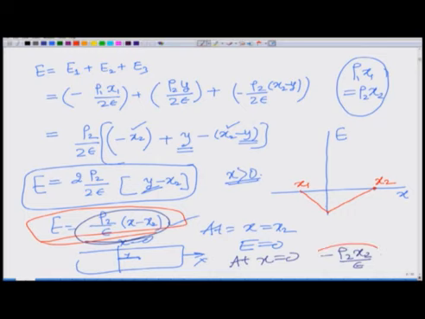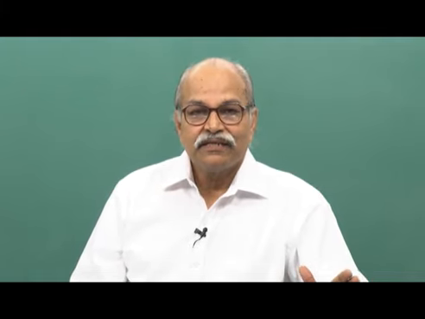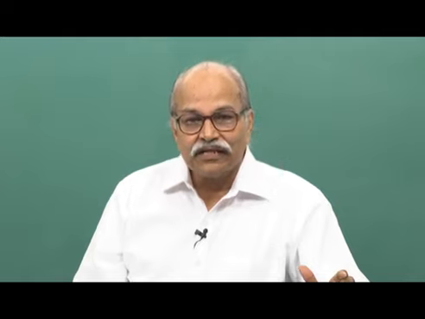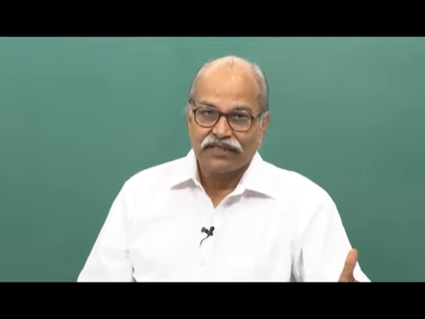From this side, I have written this as the electric field here. If you do it from the left side, you should get minus rho 1 times x1 over epsilon if the same algebra is done, but then rho 1 x1 is the same as rho 2 x2. So, you get this. So, the electric field is linear in the depletion region, right of the junction and left of the junction, they are linear.